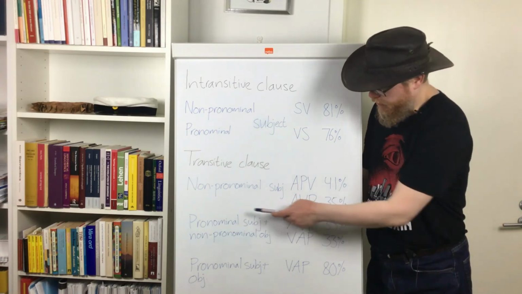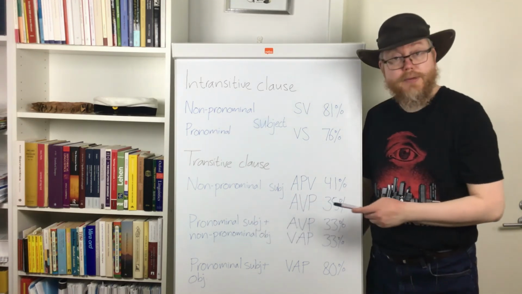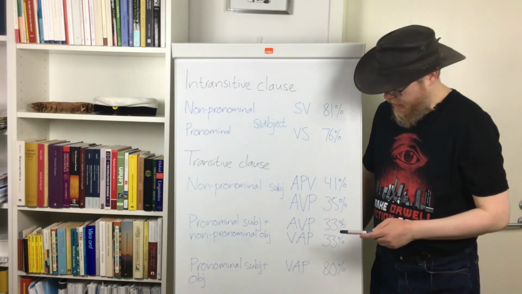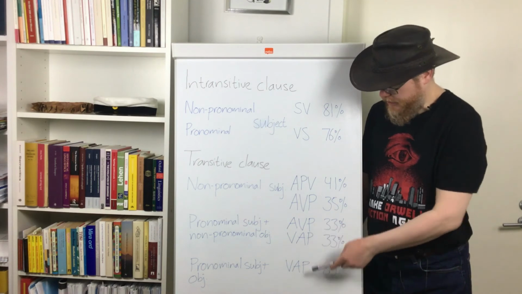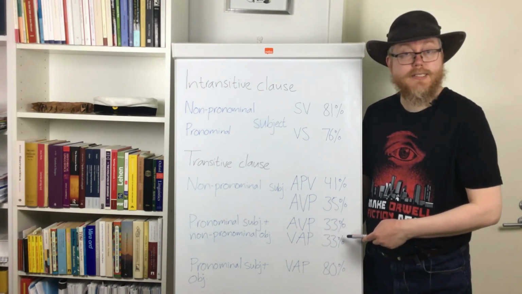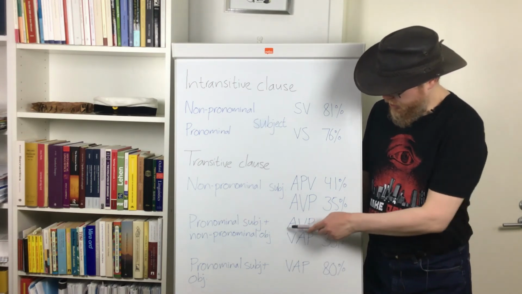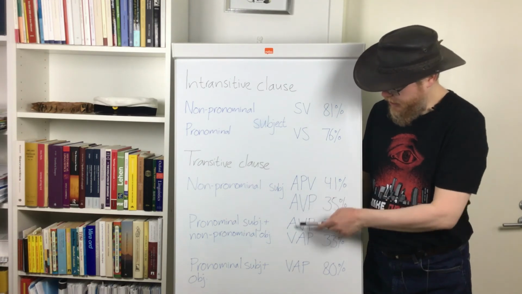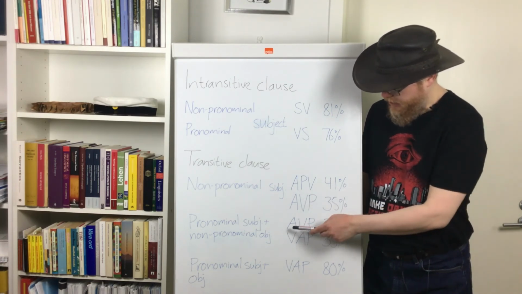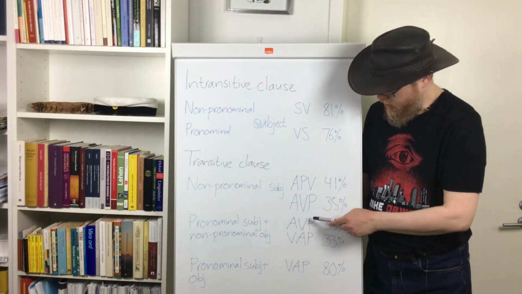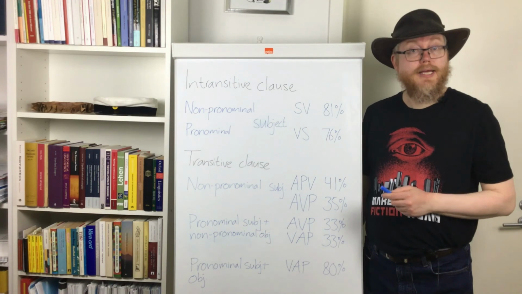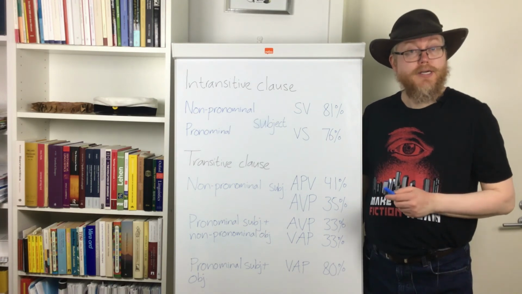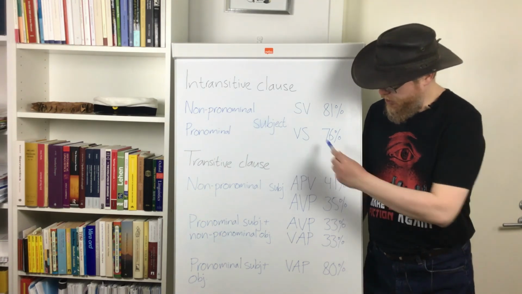When we have a pronominal subject and a non-pronominal object, we find this word order here, the same one as here, as one of the most common ones. But we also have this one, which is the second most common one here, subject, verb, object. Yes, so clear tendencies. But Ngarla being a case language, word order varies.